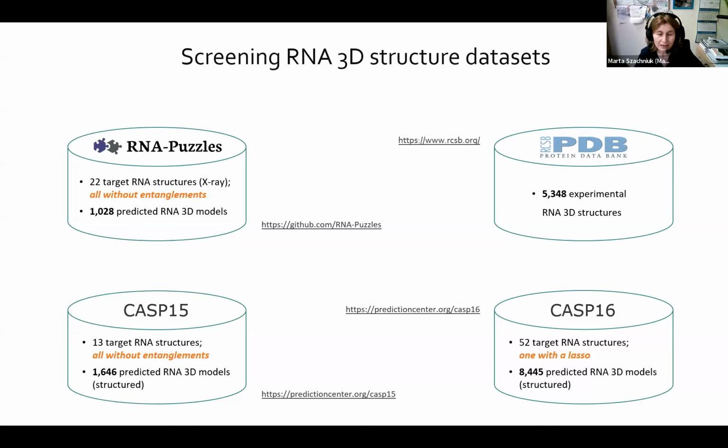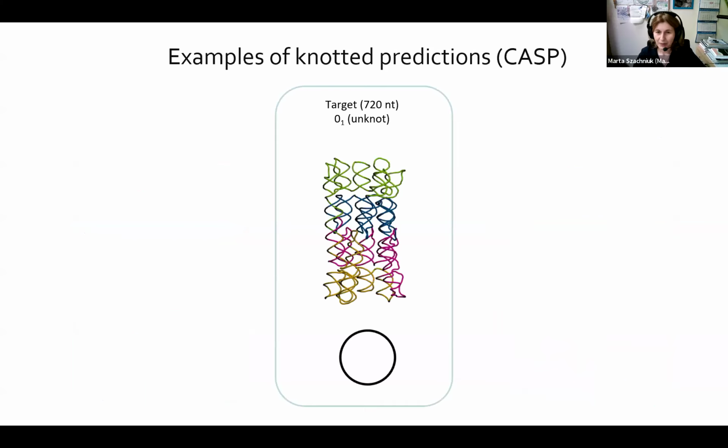And in all the other subsets with predictions, like the RNA-Puzzles subset and the CASP15 subset, all the target structures or reference structures were entangled.